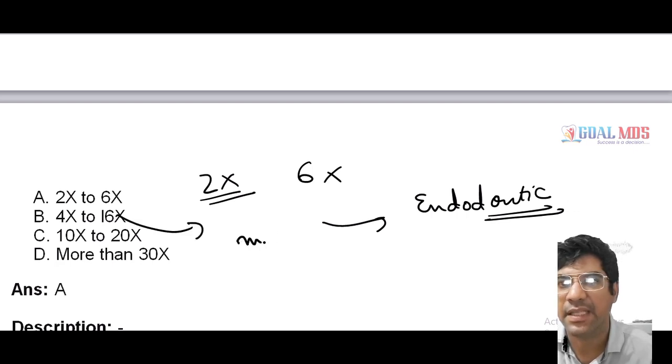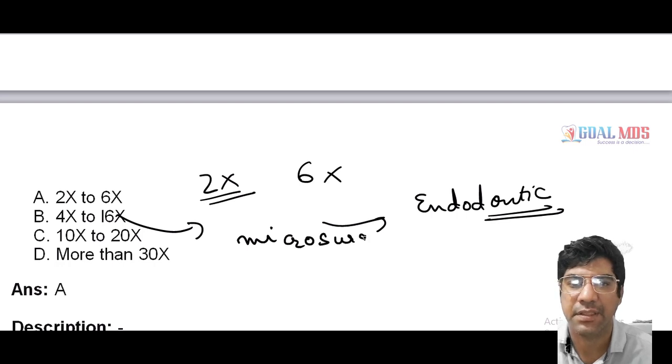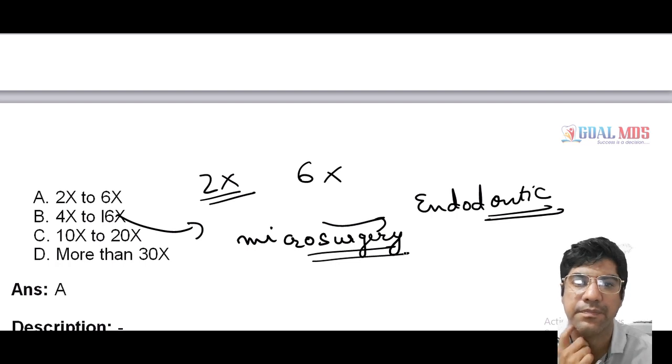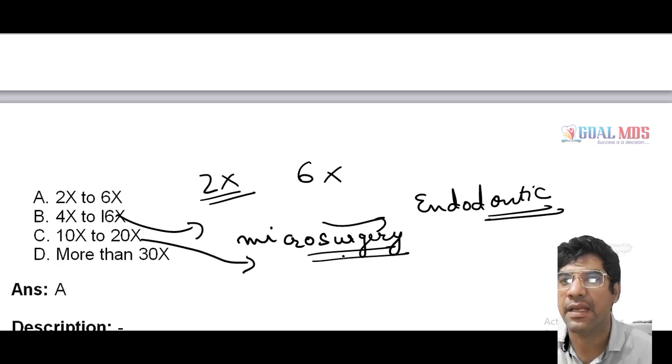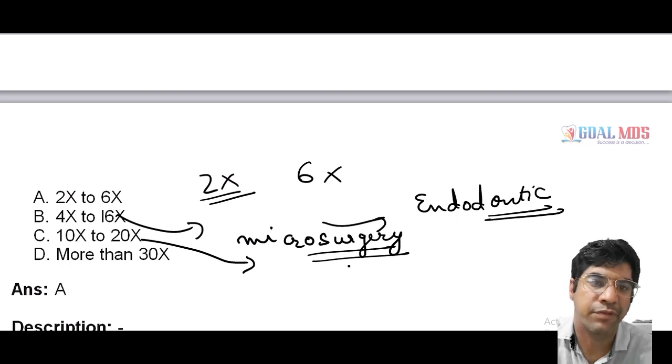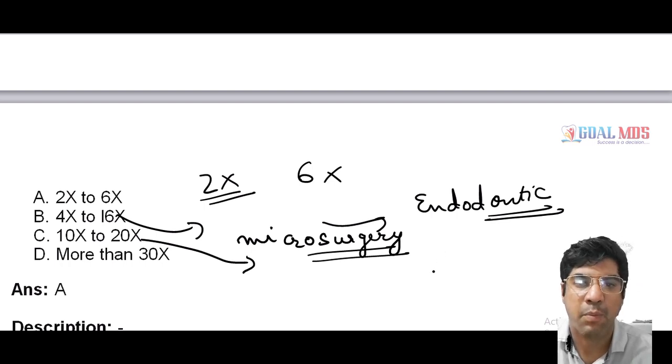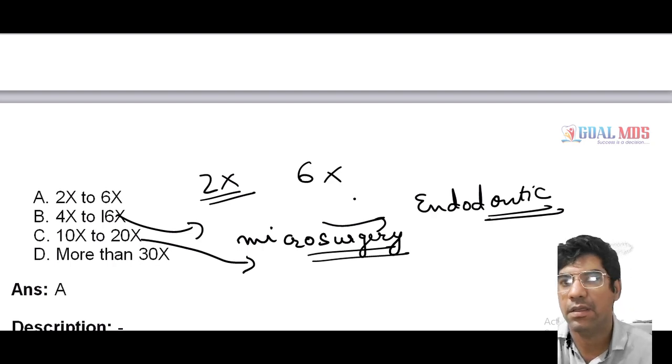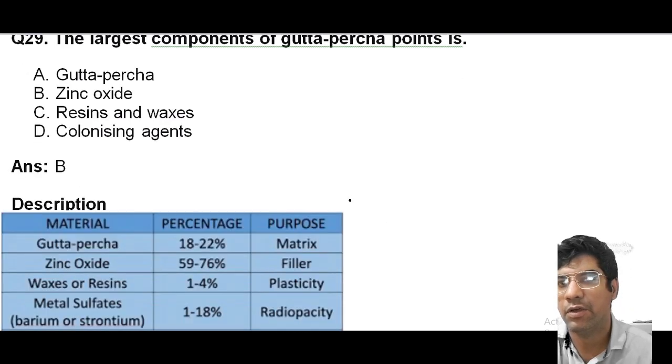The higher magnification is used for microsurgeries. 10x to 20x is not routinely used for routine endo work, and is more common in microsurgeries. So your answer is A.